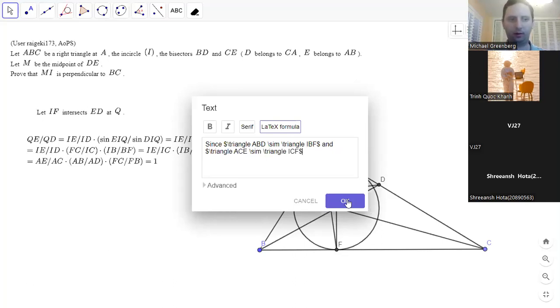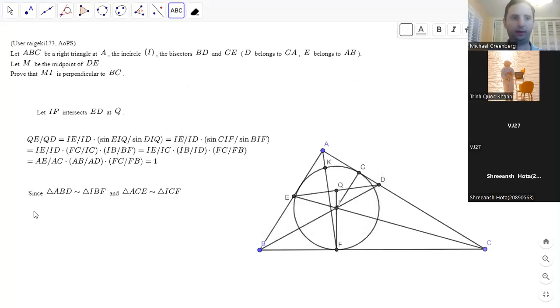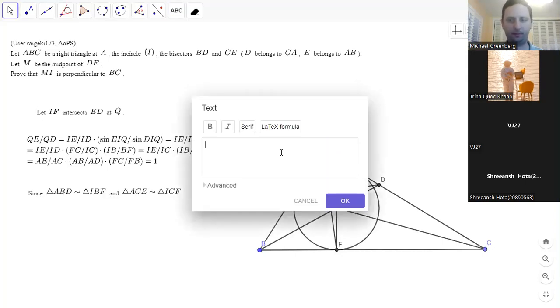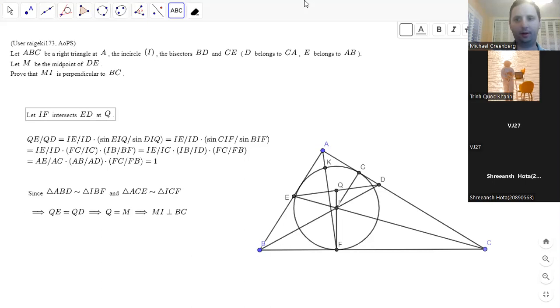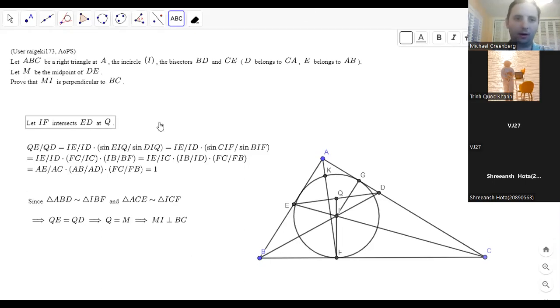So this means that QE equals QD, and that implies Q equals M, and that implies MI is perpendicular to BC. That's interesting. All right. So yeah, I like the idea. I'm going to see after the session if there's a more synthetic way to do it. Thanks for the solution.